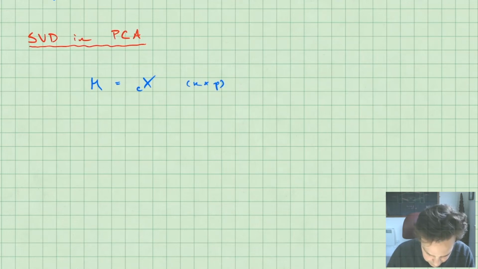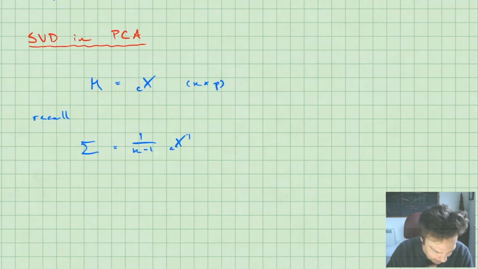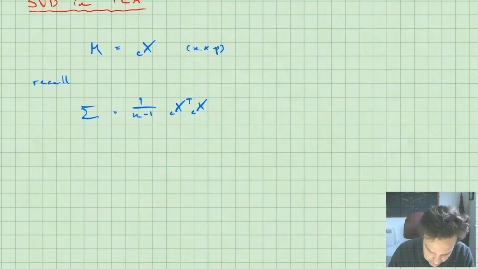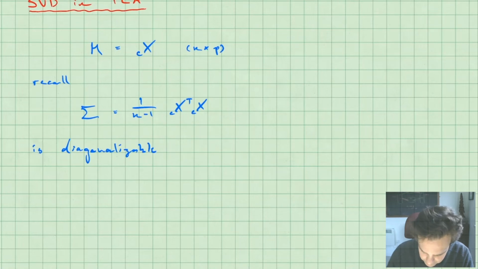I want you to recall that this matrix sigma, the covariance matrix, 1 over n minus 1 times x-centered transpose times x-centered, is diagonalizable. That means it can be written in the following form.